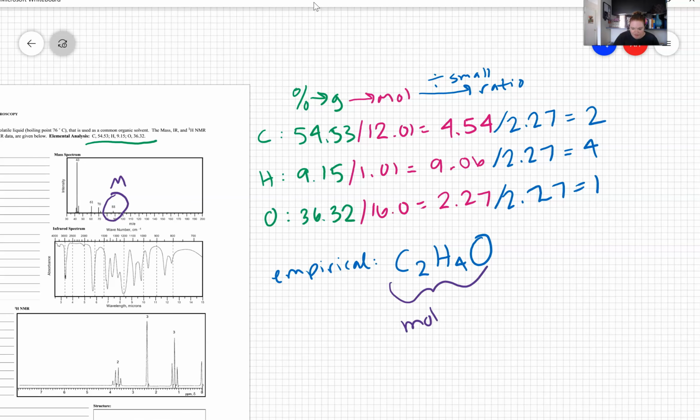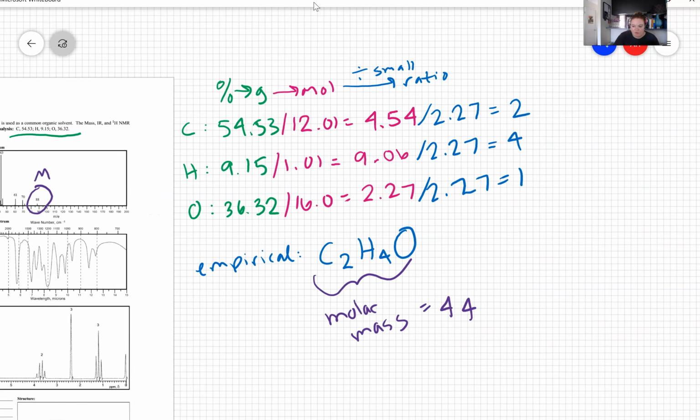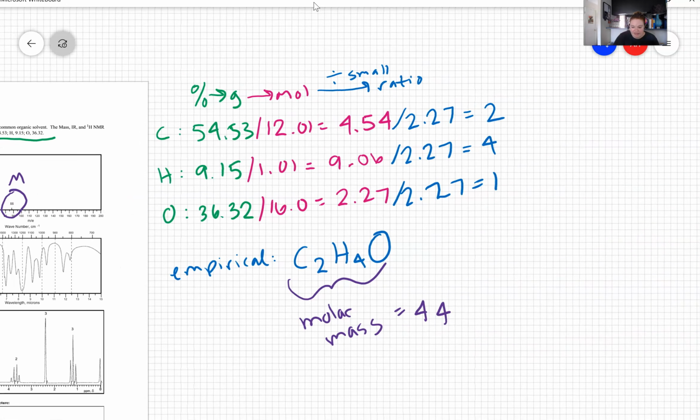I'm going to add that up real quick, and it is 44. So to turn our empirical formula into a molecular formula, I'm going to take that 88 from the mass spec, divide it by the 44, and I get 2.